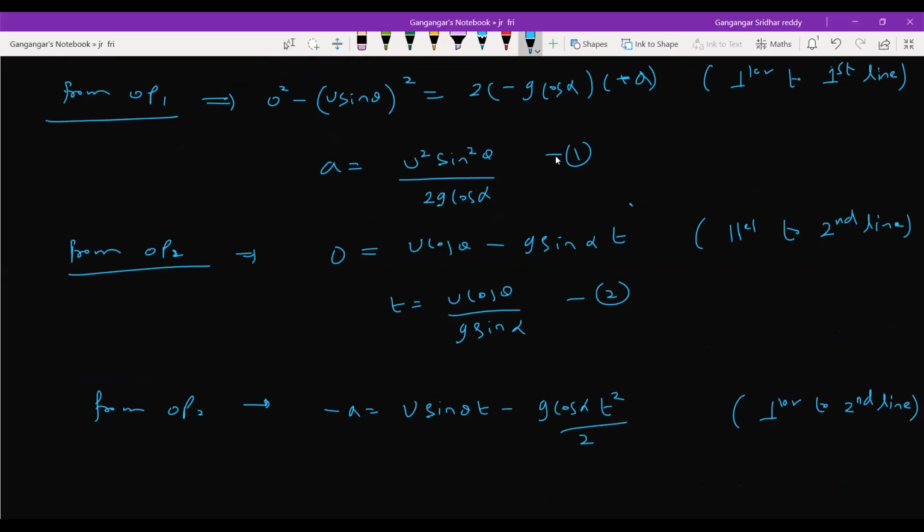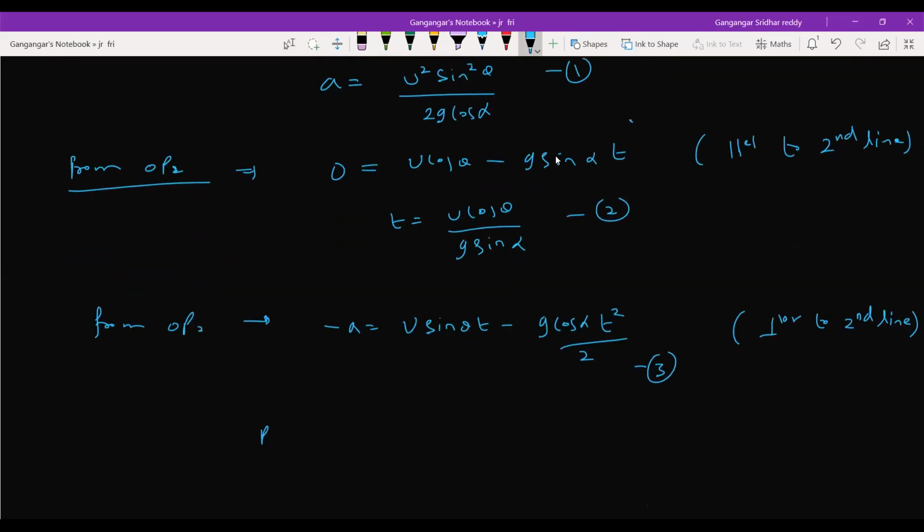Okay, substitute the value of T here. So this we got, and the A also we assume, so substitute the value of A. Call this equation 3. Put 1 and 2 in 3, then eliminate the things.